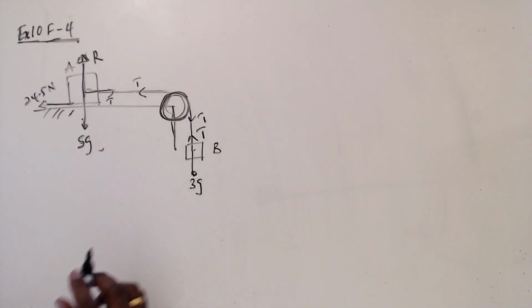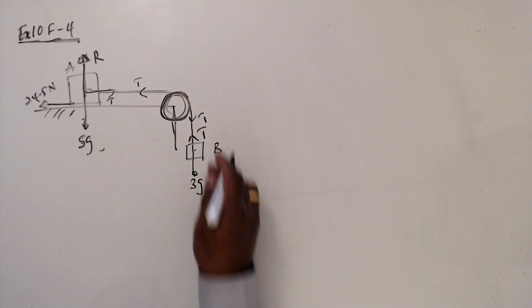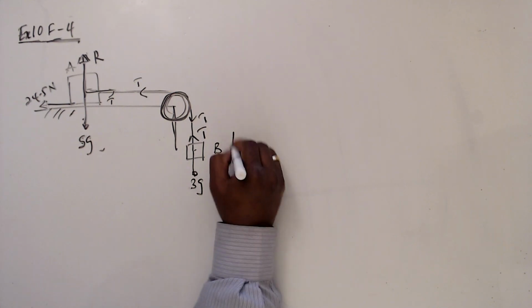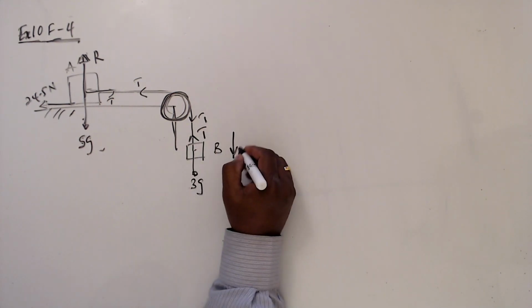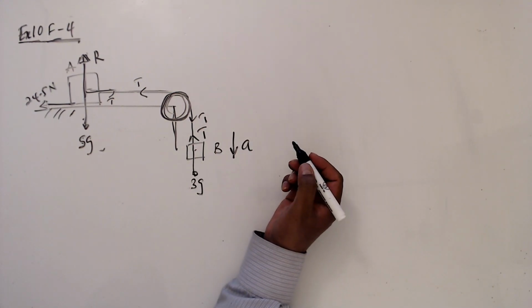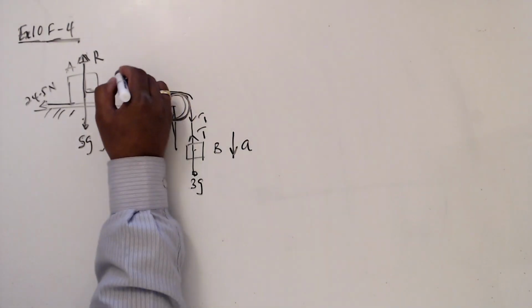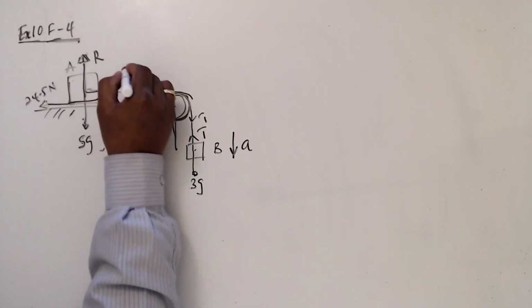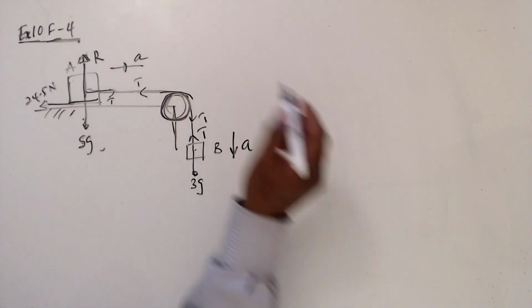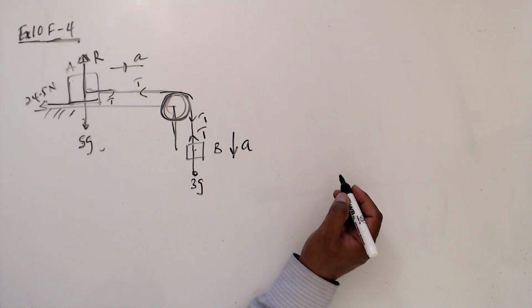Now this system is released from rest, so it is moving downward. So particle B is moving downward with acceleration a. Particle A has the same acceleration, but its direction is this one. Now we need to find the acceleration and tension.